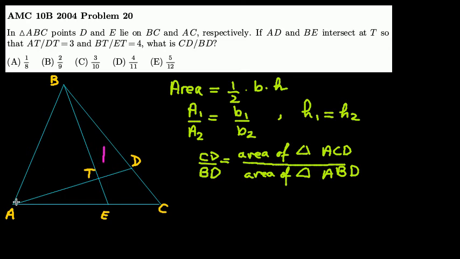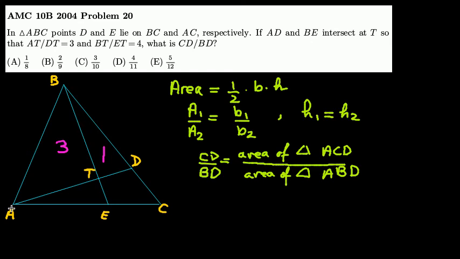And because the ratio AT over DT is equal to 3, we know that the area of triangle ABT is going to be 3 times the area of triangle DBT, because of this formula here. So this here is going to be equal to 3.